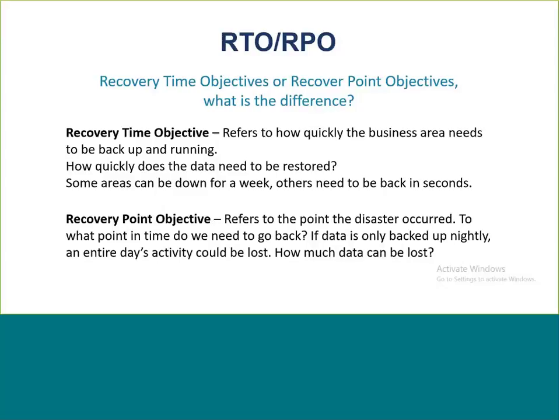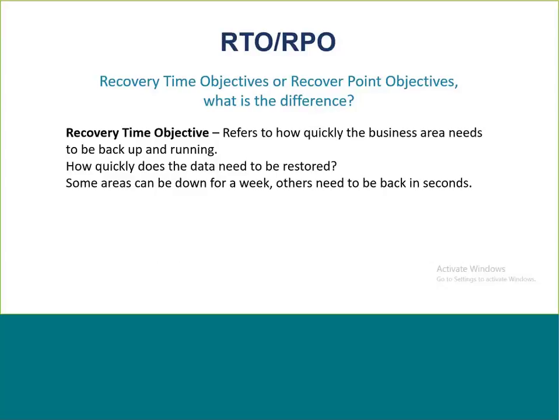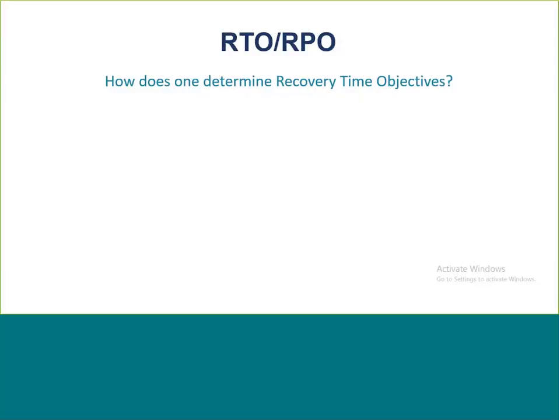So you're in the middle of performing a financial transaction, the disaster happens, and you need to know what were the last transactions that were input, that were captured, and those that weren't. So even the business would have that point that they need to roll back to and where they need to start re-entering the transactions. Data's only backed up nightly, right? An entire day's activity could be lost. So that's kind of the point, recovery point objective.